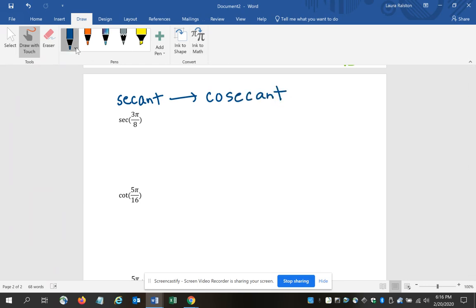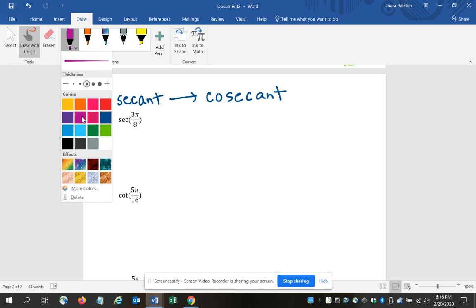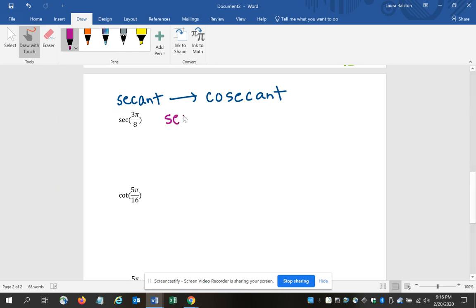So again, from that formula perspective, you would have the secant of 3 pi eighths equals the cosecant of 90 degrees, or pi halves, minus 3 pi eighths.